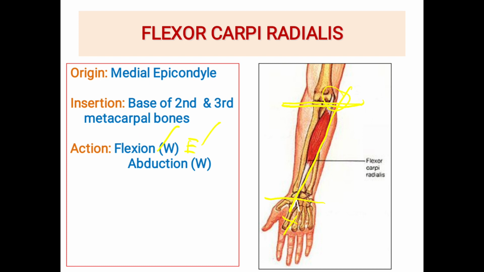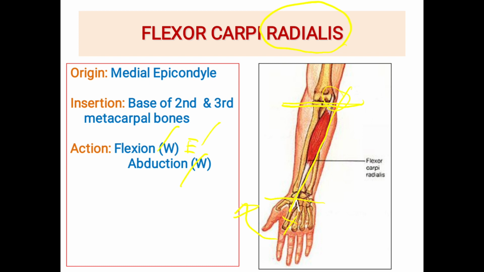Aside from flexion of the elbow and flexion of the wrist, it can also abduct the wrist, or you can call this radial deviation. Okay? So if you move your wrist to the lateral, that is called radial deviation. So it's easy to take note because it is radialis.